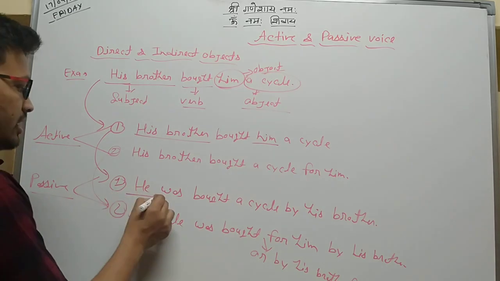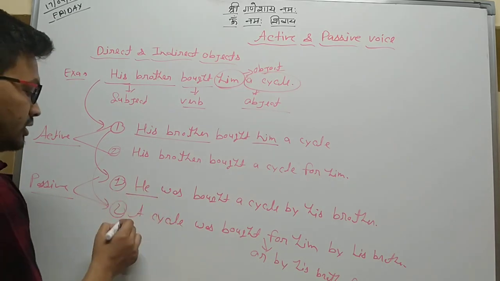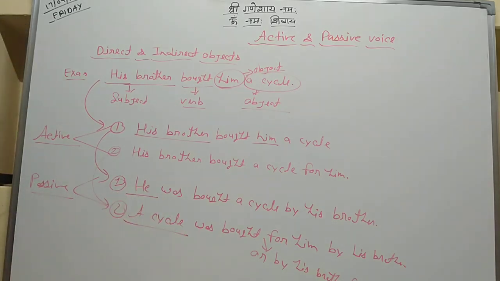Here he is the subject, and here a cycle is the preferred subject. So with direct and indirect objects, we can recognize the direct object and indirect object and change accordingly.